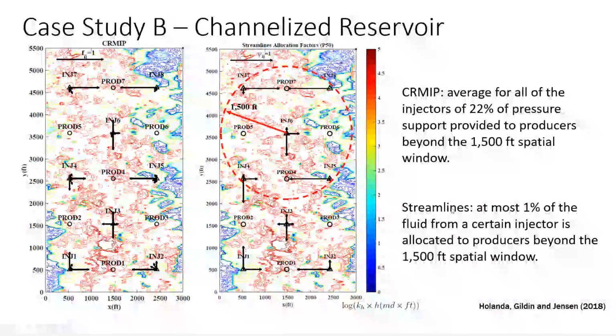While for the streamlines, at most 1% of the fluid from a certain injector is allocated to producers beyond such window. So there is a big difference there.